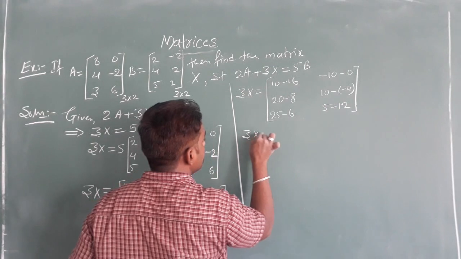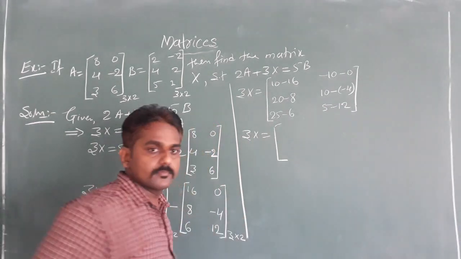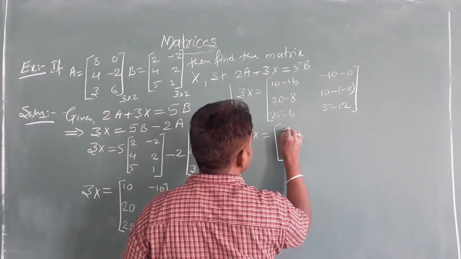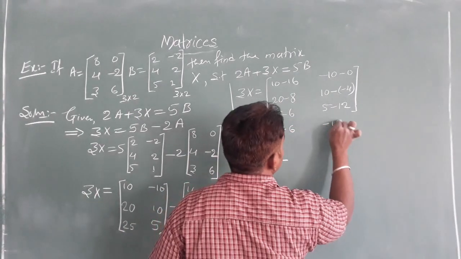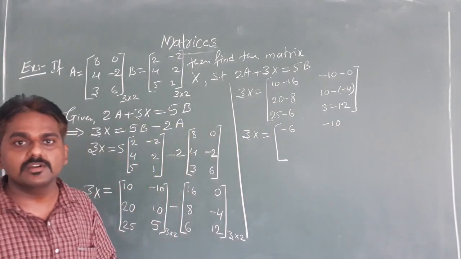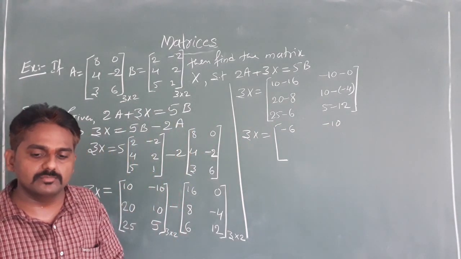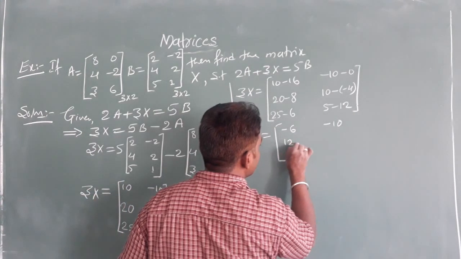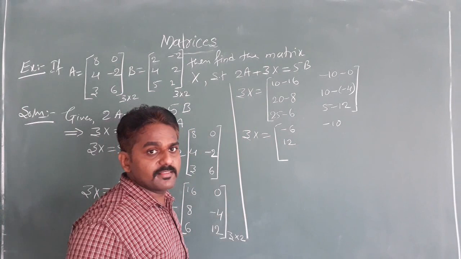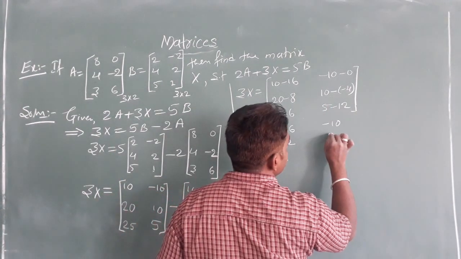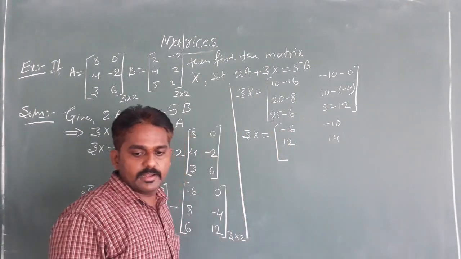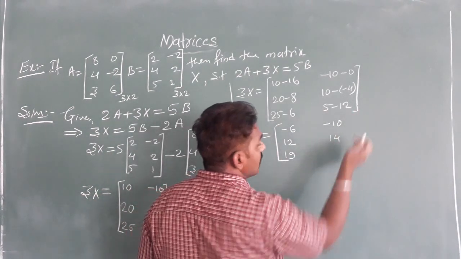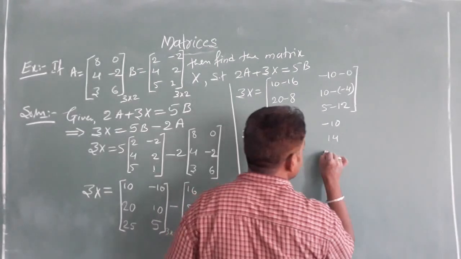Okay, so 3X equals minus 6, minus 10, first row, first column and second column values. Next, 20 minus 8, that is 12. Next, 10 minus of minus 4, that is 14. Next, 25 minus 6, that is 19. Next, 5 minus 12, minus 7.